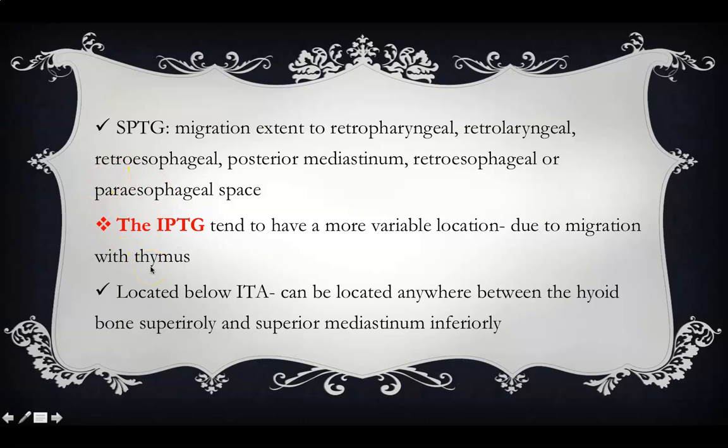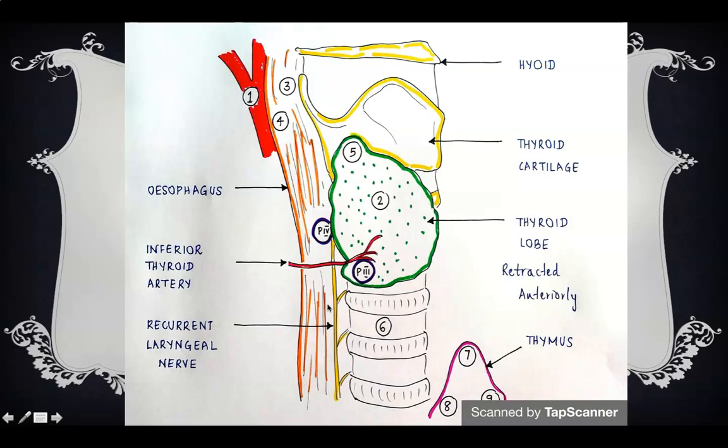Now, the inferior parathyroid gland tends to have a more variable location due to migration with the thymus. Generally it is located below the inferior thyroid artery, but it can be present anywhere between the hyoid bone superiorly to the superior mediastinum.